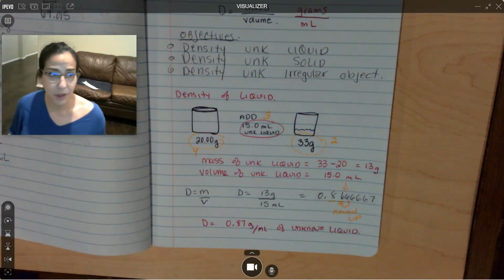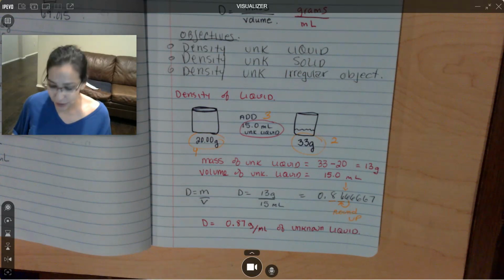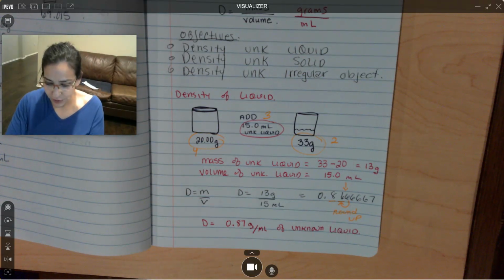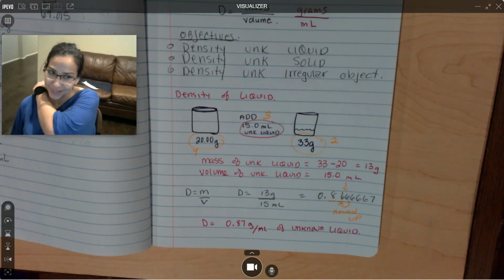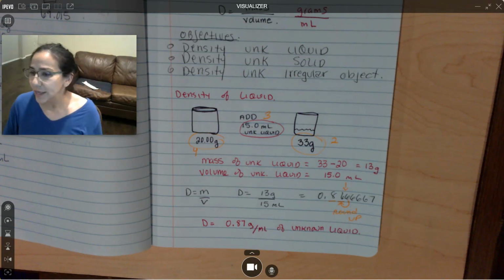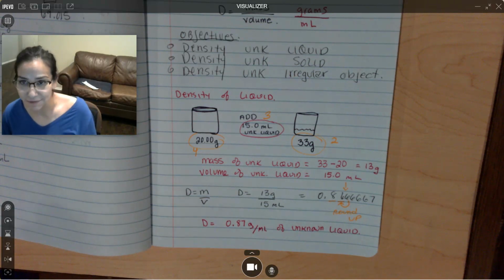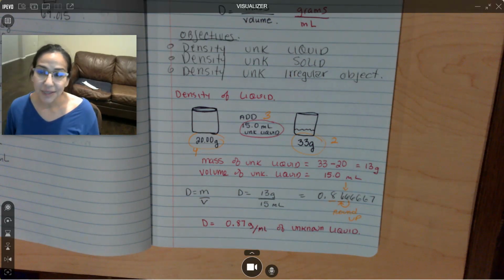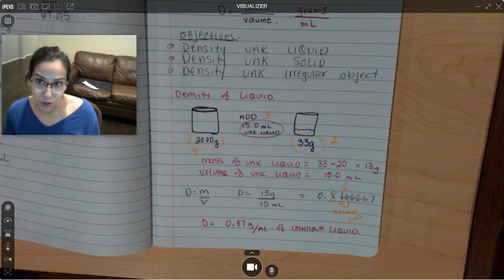Now, some of you go, well, what does that even do for me? Well, we look at a density of liquids chart. A couple things I can know before I start looking at a list that I'm going to Google here: the density is 0.87, which means it is less dense than water.